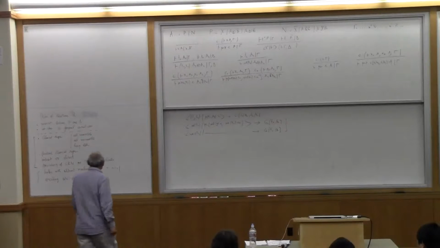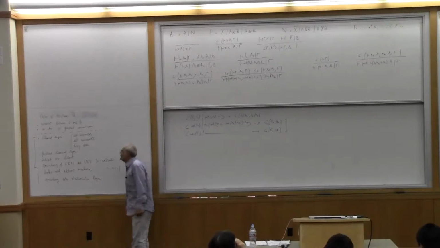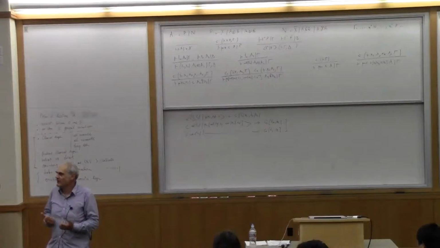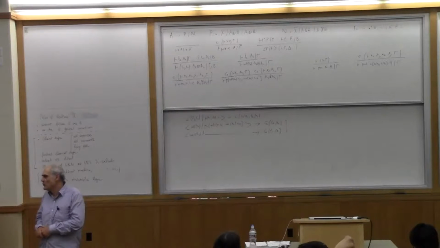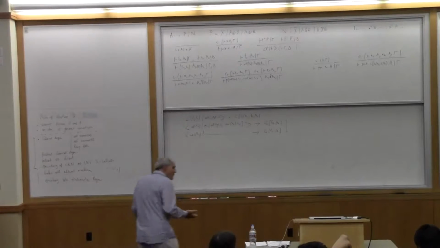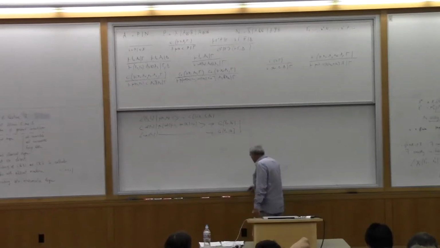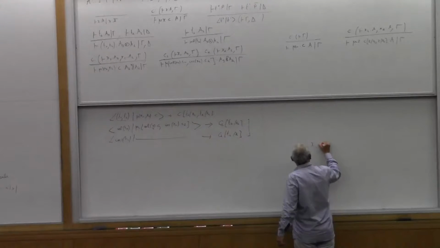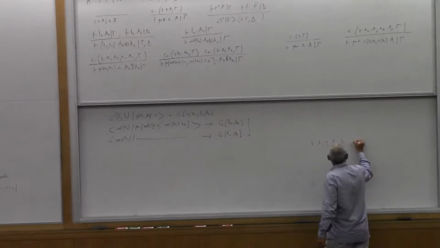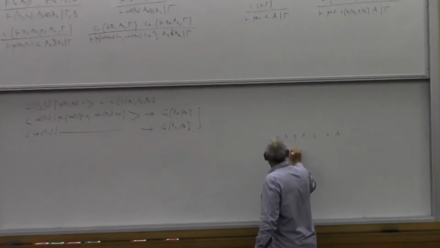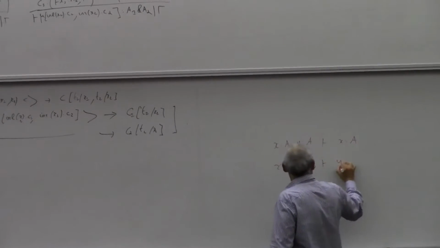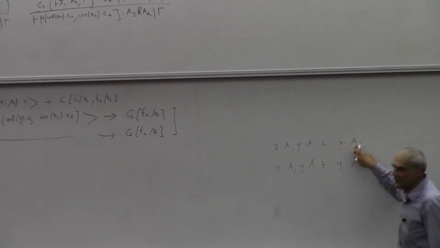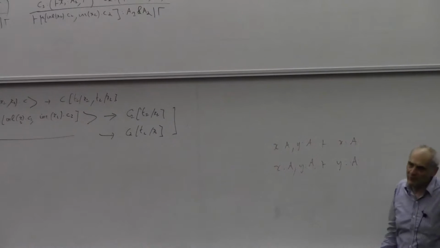Well, what we want is to have a system where we don't identify everything. The minimum that we want in order to give a denotational semantics to any system is that, for example, if you have 2 proofs of A by projection, you don't want them to be the same.